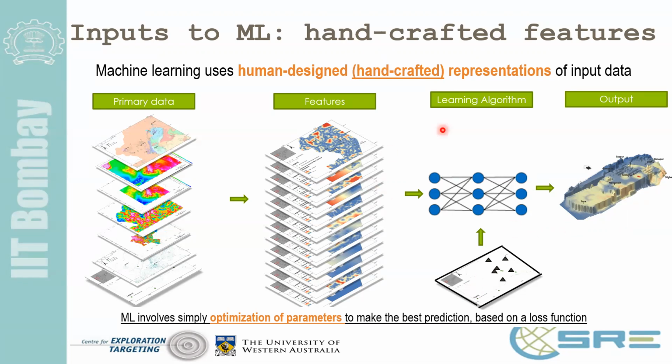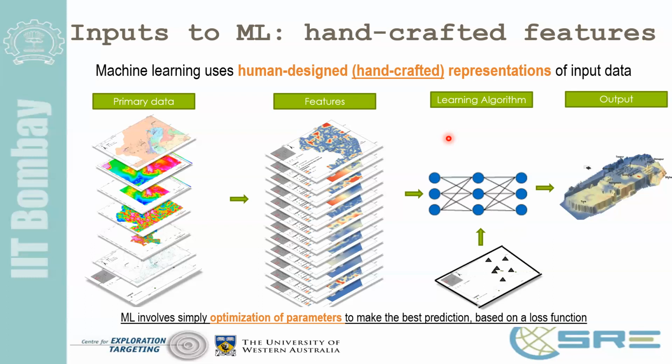So we are trying to extract features out of these primary data sets, and that step has to be done manually or visually. And that's what takes the most amount of time. You're interpreting your gravity data for anomalies, for structures, and you do a similar thing with magnetic data or with remote sensing data.